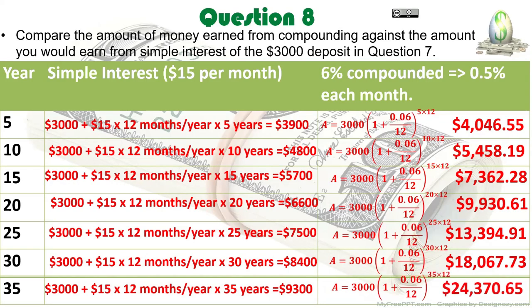And compounding, $24,370.65. Wow, what a difference compounding makes as compared to doing things simple interest. So you make so much more when you compound than if you do something with simple interest.